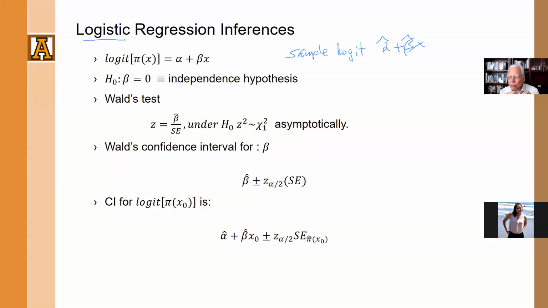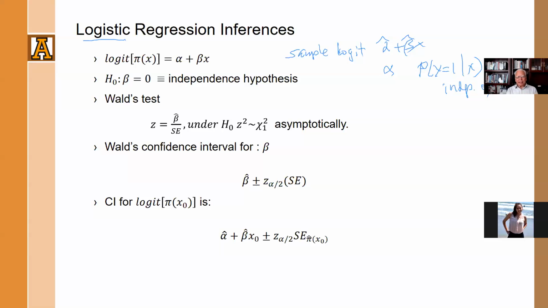Because if beta was equal to 0, then the logit will be simply alpha, and therefore the probability that y equals 1 given x, which is pi of x, is independent of x. It doesn't depend on x.